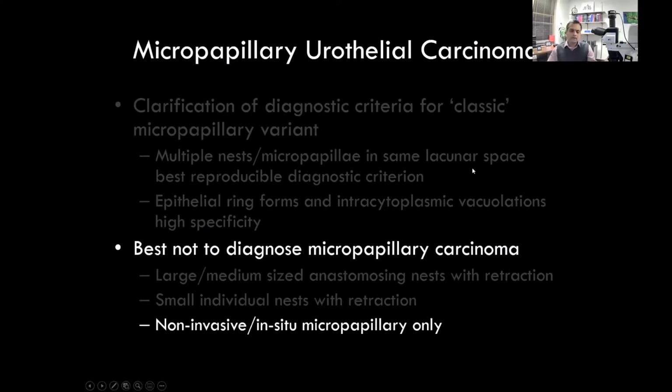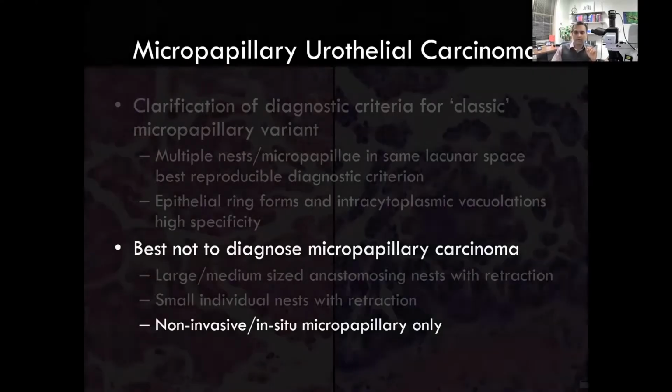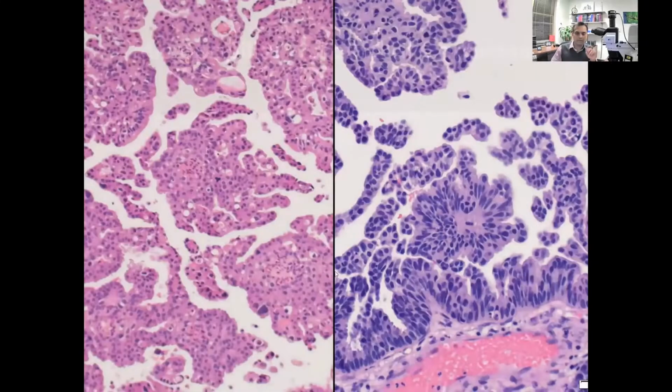All right, and then the other thing to remember is that there are some cases where you might see micropapillary formation only as an in situ or non-invasive component, right? And here are a couple of nice examples. You can see all these clusters of urothelial carcinoma that are clearly forming these micropapillary structures, but there is actually no stroma at all. These are essentially detached clusters.